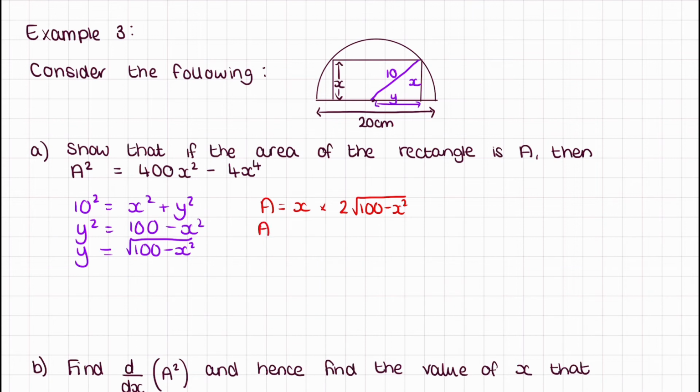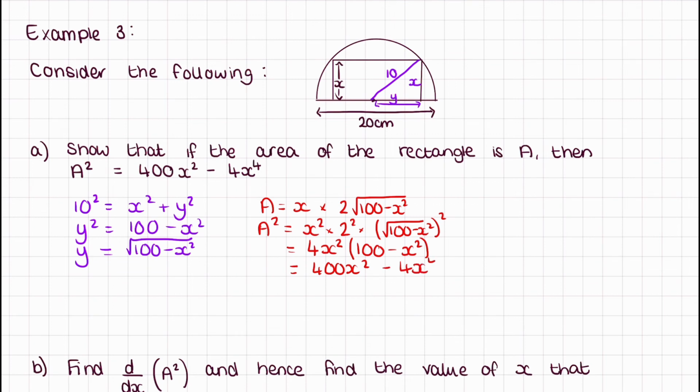And if we do, we'll get A squared equals x squared multiplied by 2 squared, multiplied by the square root of 100 minus x squared, and square that one. If we do that, we'll end up with x squared times 2 squared, which is 4x squared. And then the square root just cancels there, and we end up with 100 minus x squared, and then we can expand the bracket, so we'll end up with 400x squared minus 4x to the power of 4.